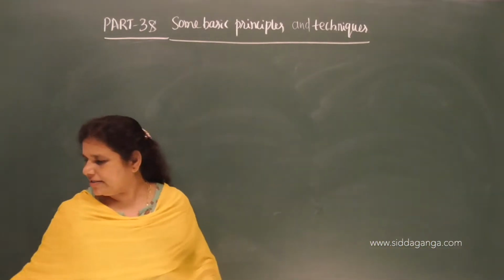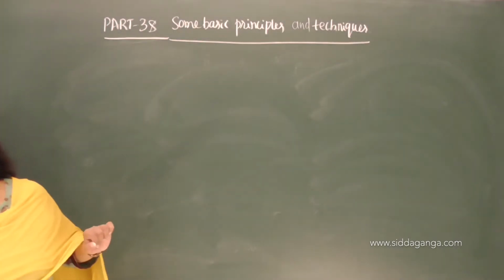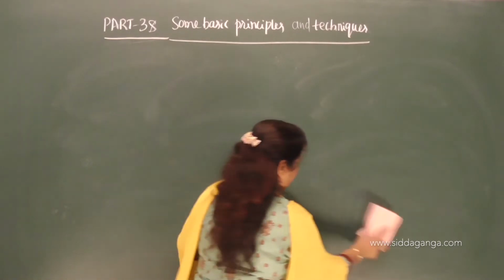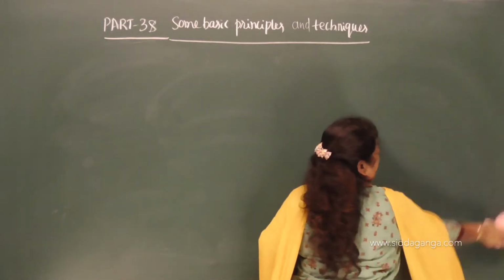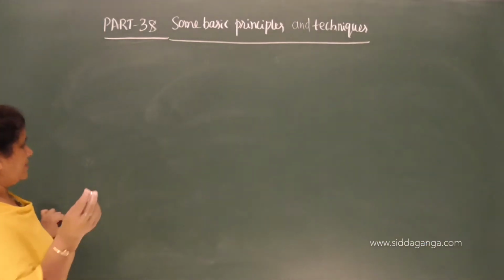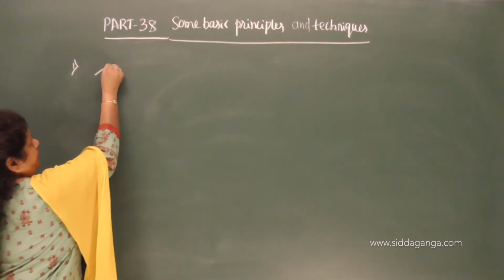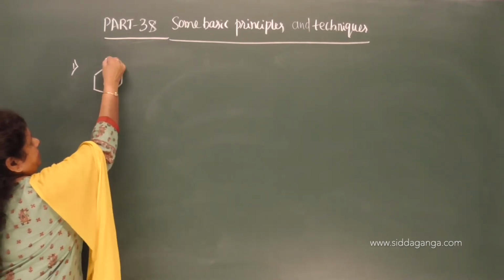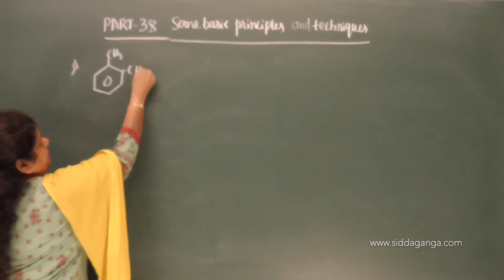So move on to disubstituted benzenes. Take down the first disubstituted benzene here: CH3, CH3.